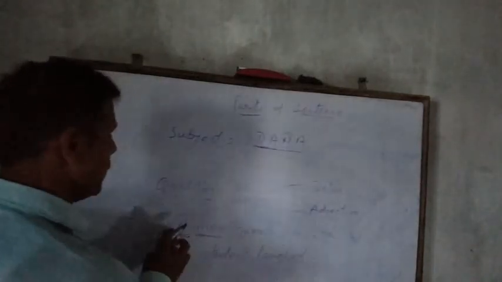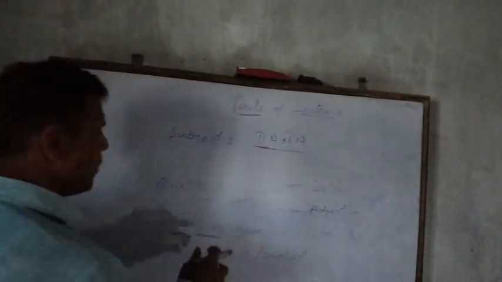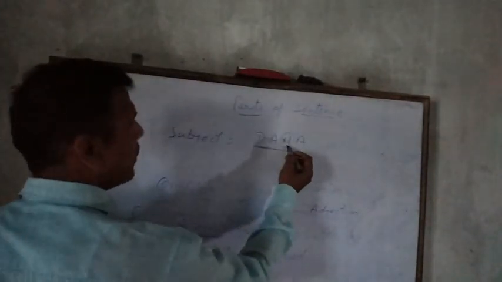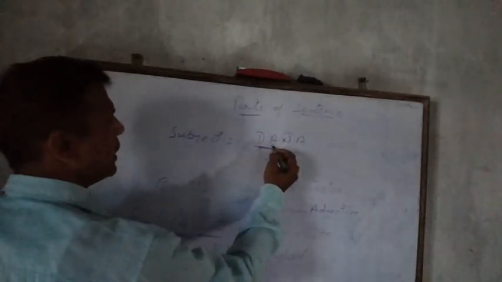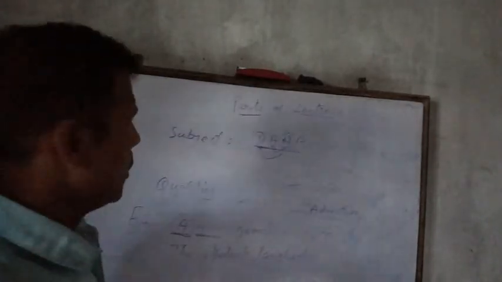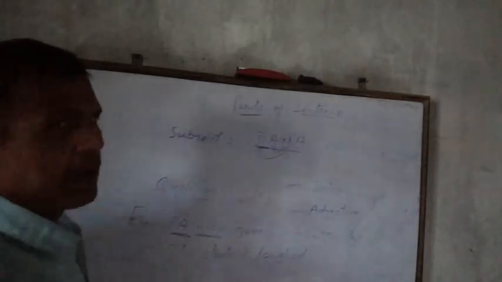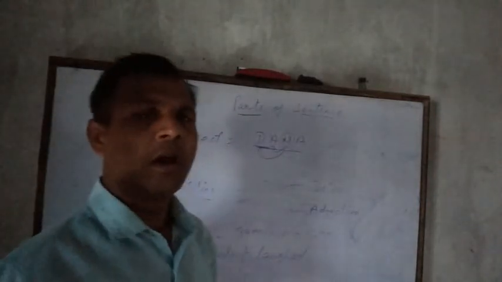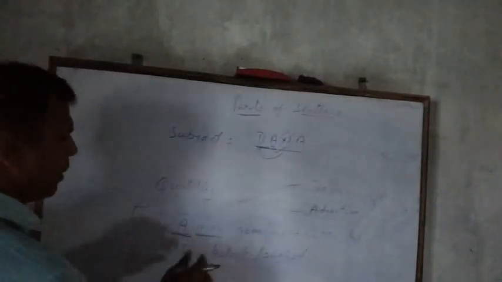A is determiner and man is the head word. So before the noun a determiner is used. Before the noun an adjective is used. Here before man, a is used and a is determiner. A is qualifier. So remember this, friends.